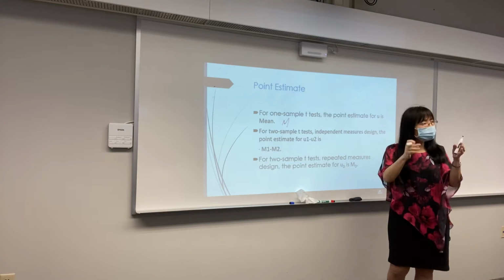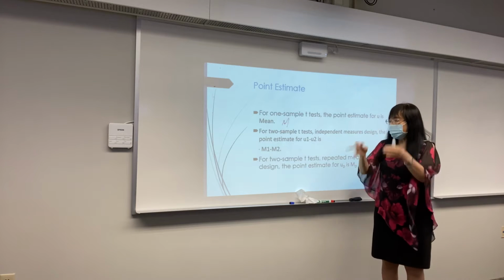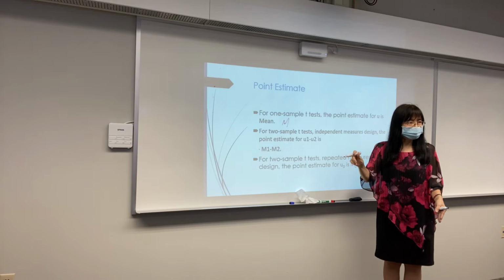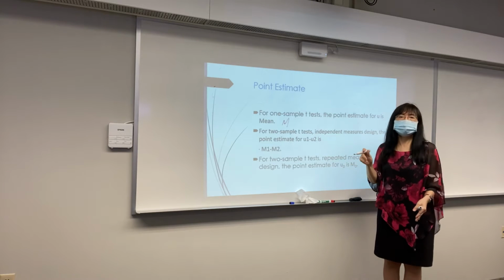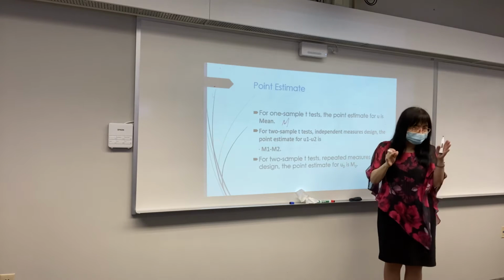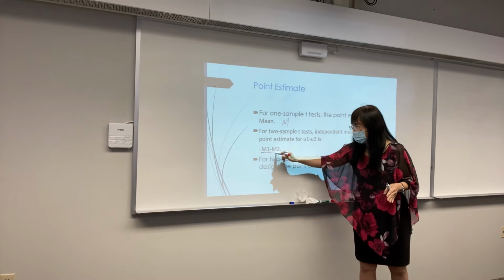When you do two sample independent, your point estimate is mu1 subtract mu2. Right? But you don't really know mu1. You don't know mu2. You only know mean 1 and mean 2. So your point estimate is mean 1 subtract mean 2.